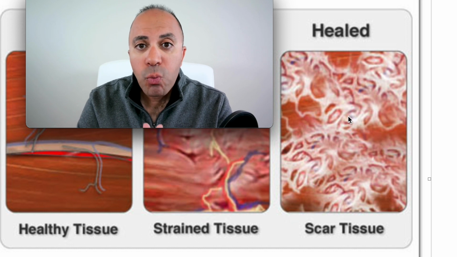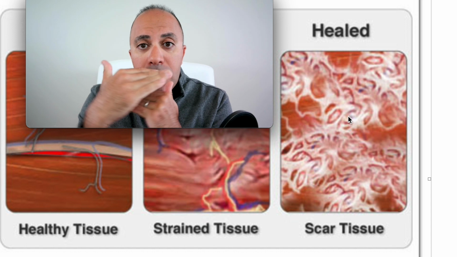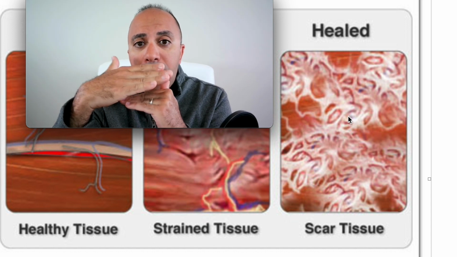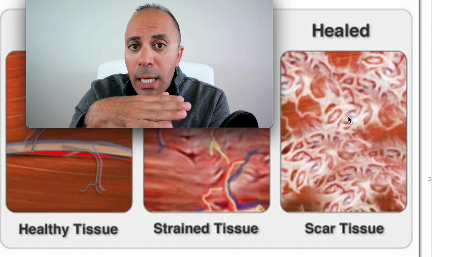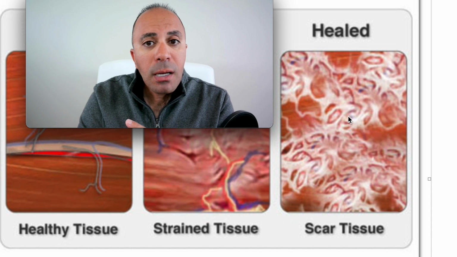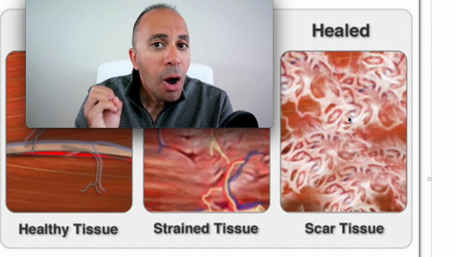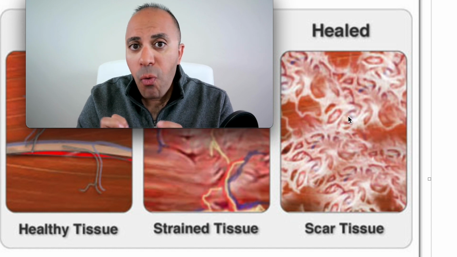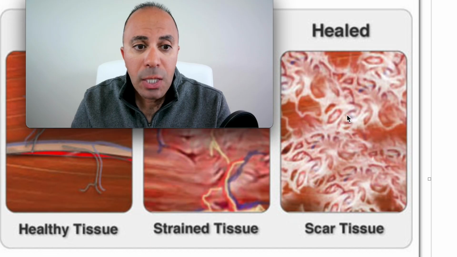The problem is when you have too much of that scar tissue, it's going to adhere the tissue together and prevent normal gliding and movement, and cause restriction, instability, and discomfort. That scar tissue could also compress a nerve or artery and cause more nerve symptoms, numbness and tingling, and other issues.